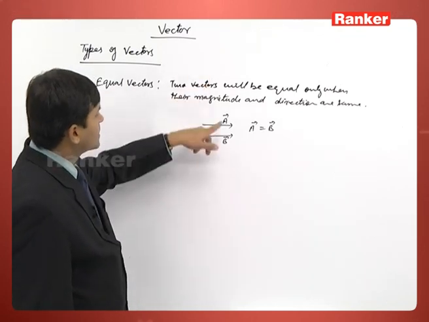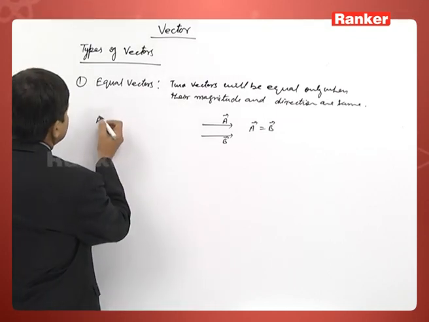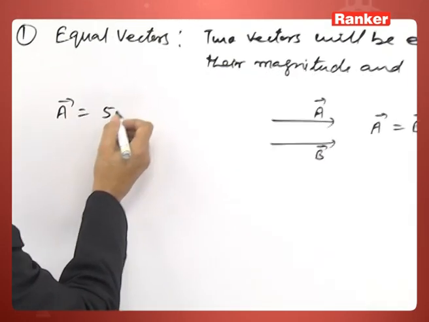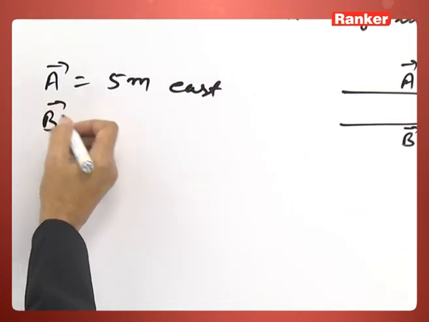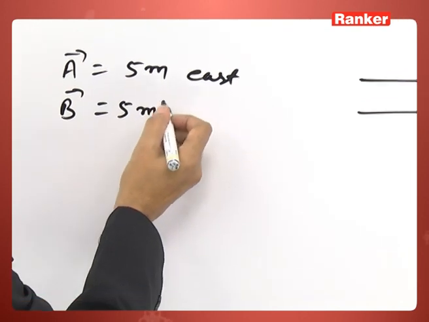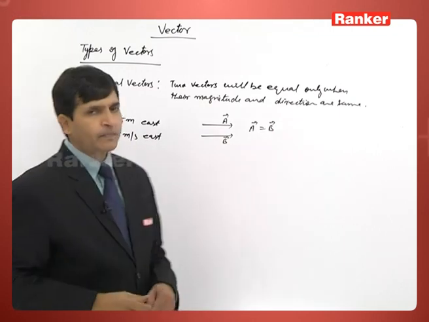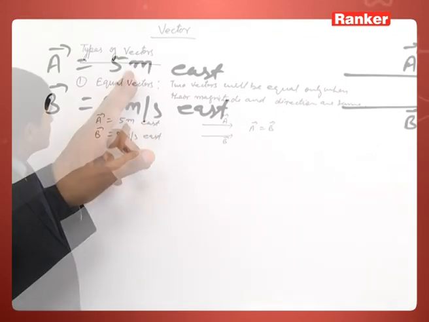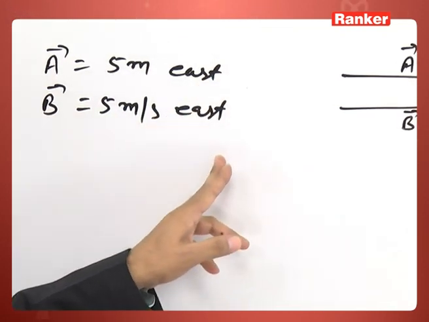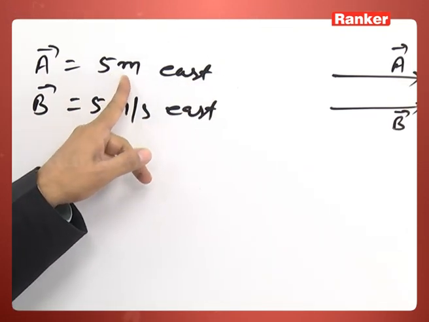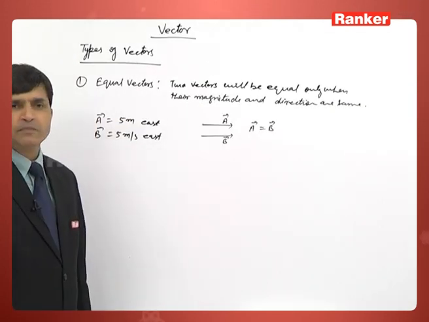For example, if vector A is 5 meter east and vector B is 5 meter per second east. In this case, both have the same magnitude and the same direction, but one vector has the unit meter and the other has the unit meter per second.